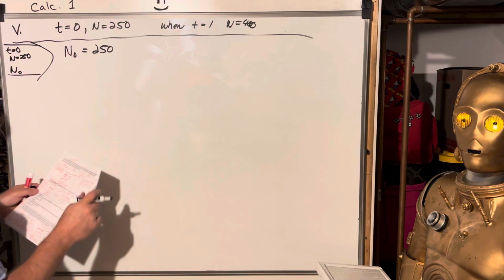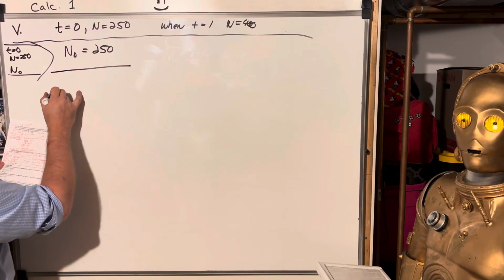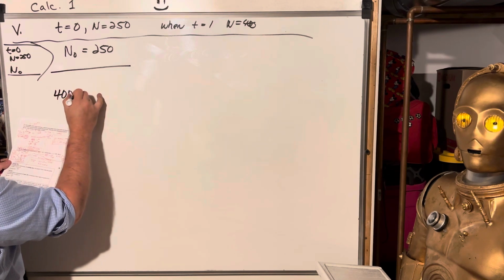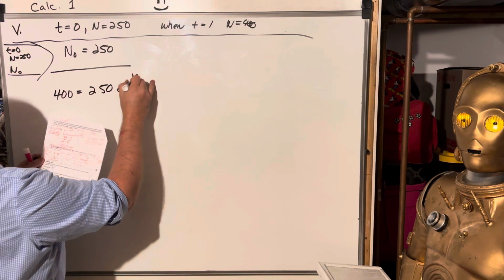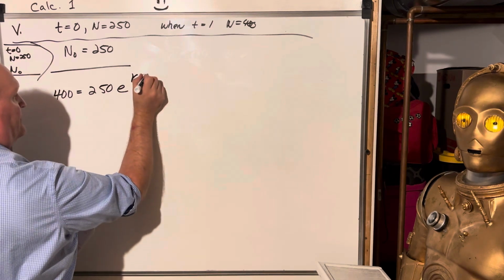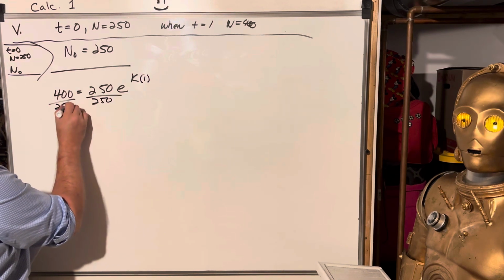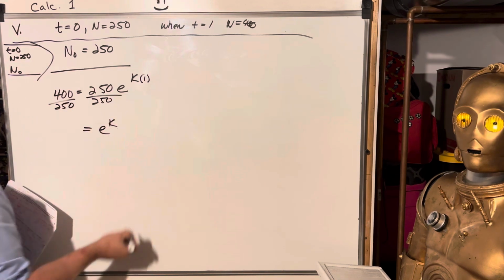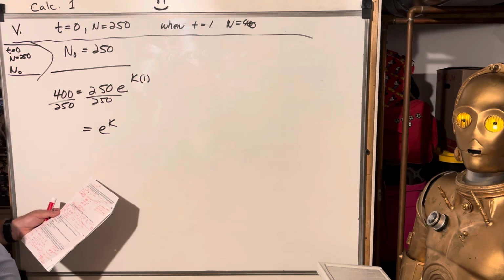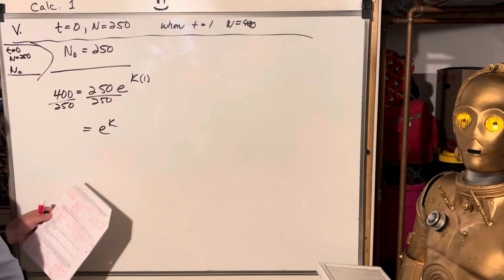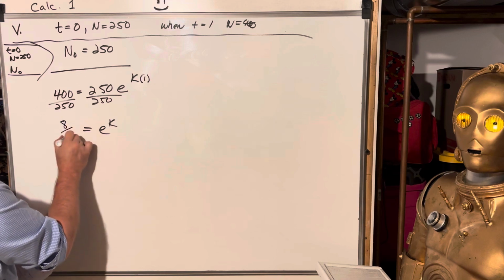All right, so now let's take that and say 400 is equal to 250e to the k times 1. Okay, well, that's easy enough. So divide by 250. So e to the k is equal to, what is that, 40 25ths, 8/5.